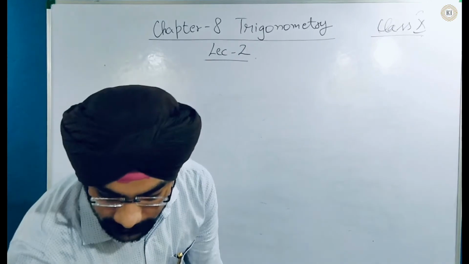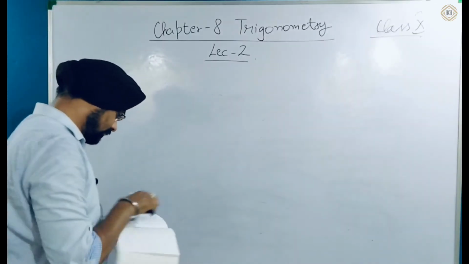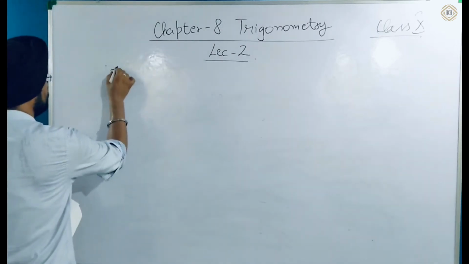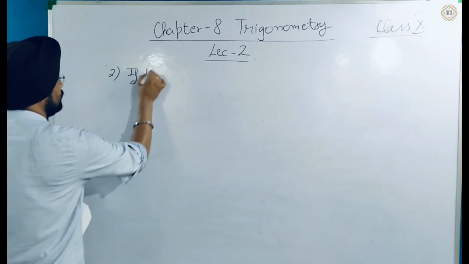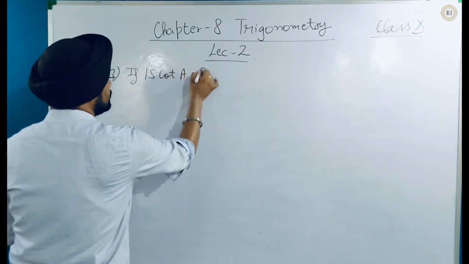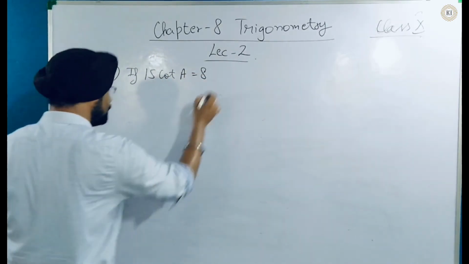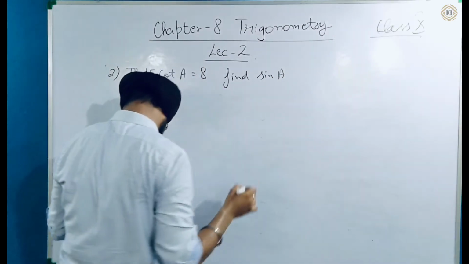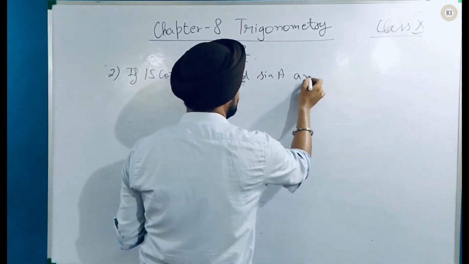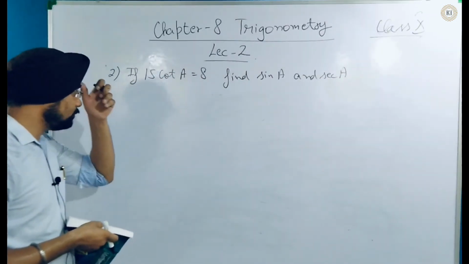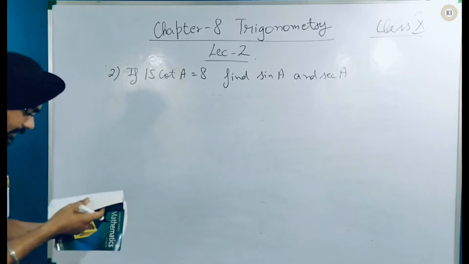Now question number second. It is given that if 15 cot A is equal to 8, find sin A and sec A. So the value is given: 15 cot A is equal to 8.